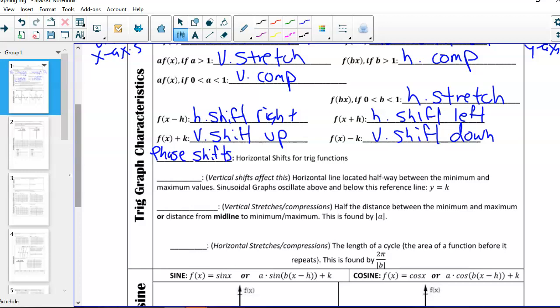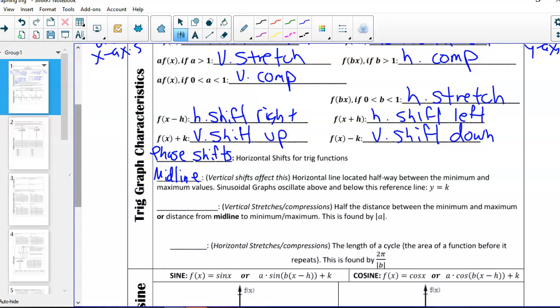So anytime we have a phase shift, it's been shifted horizontally. This is our midline, and you'll see more about that when we get back, really, because we're not going to get too much into that today. But anytime we have a vertical shift, the midline is affected by it.